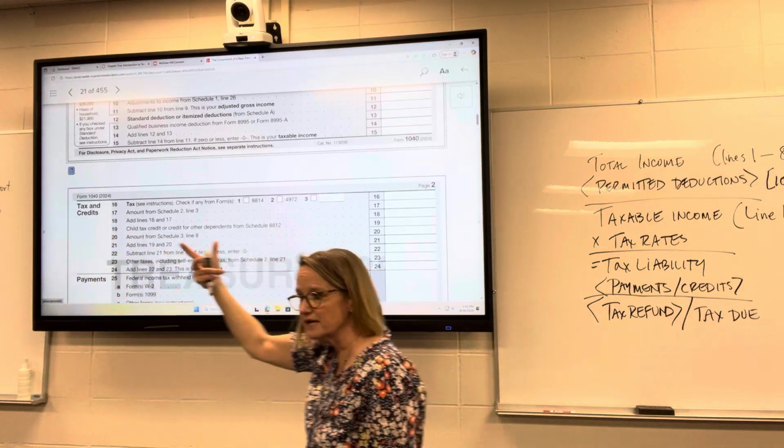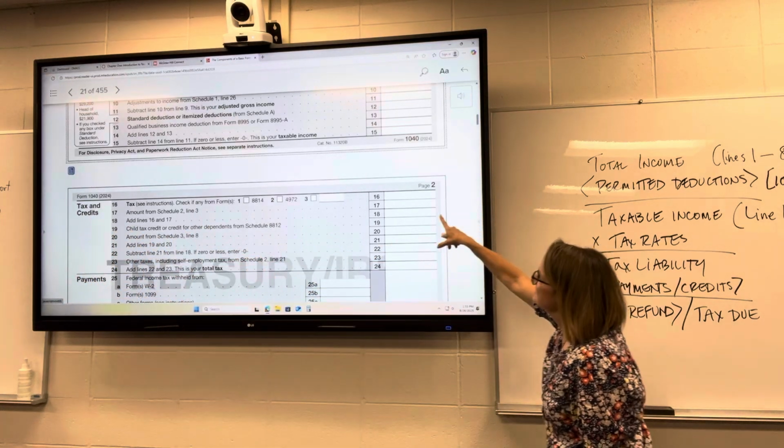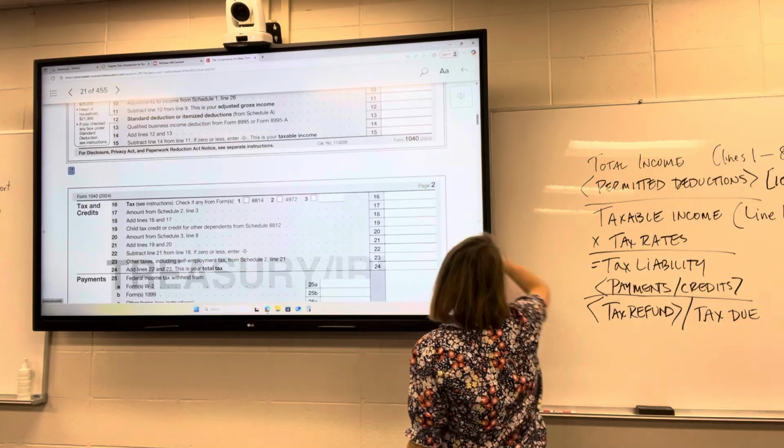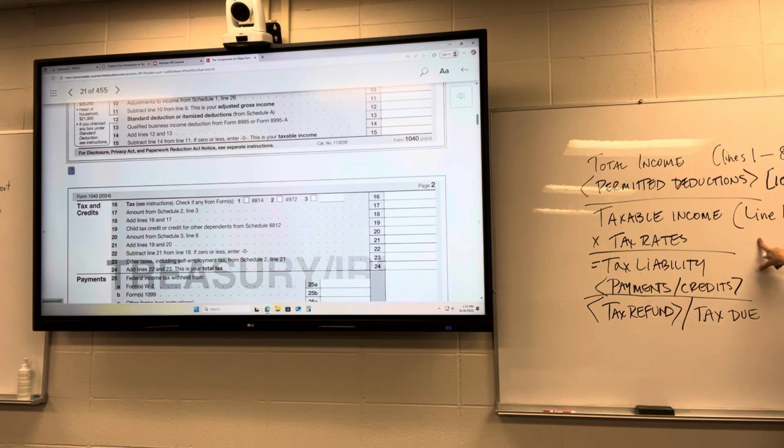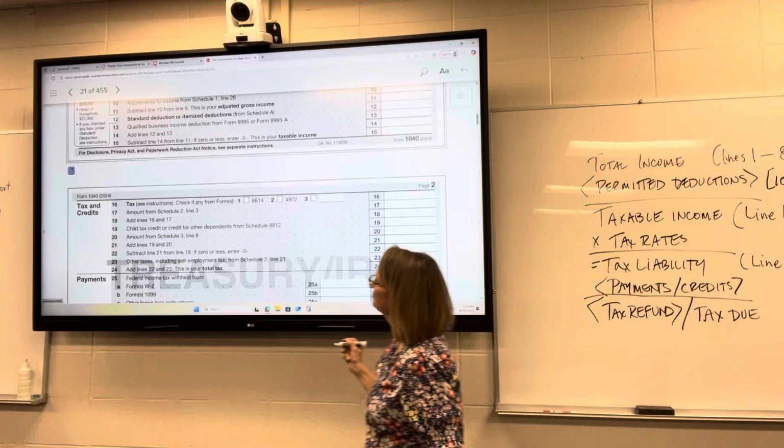You go to the second page of the 1040, and this is the tax. So between line 15 and 16 is where you do the calculation, okay? So we take the tax rates, we do that calculation that we did before to get our tax liability, which is line 16. So that's on page 2.